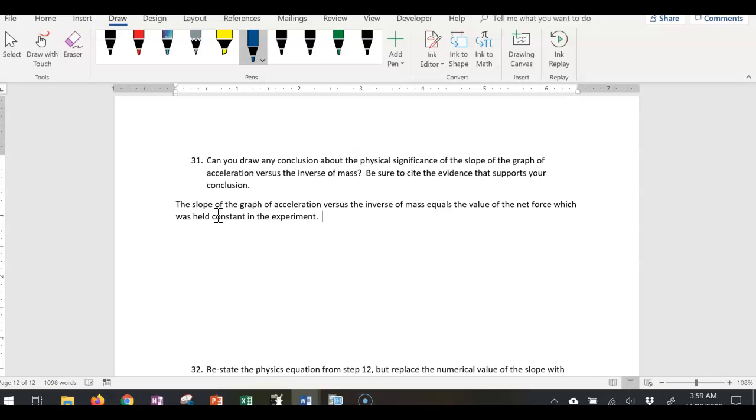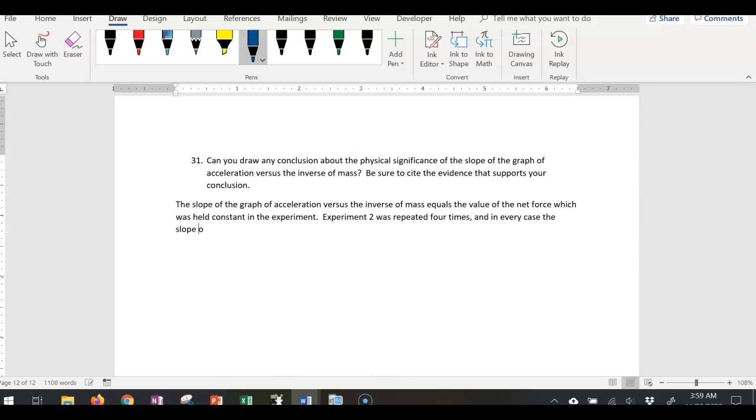And experiment 2 was repeated 4 times, and in every case, the slope of the linearized graph of acceleration versus inverse of mass equaled the value of net force.